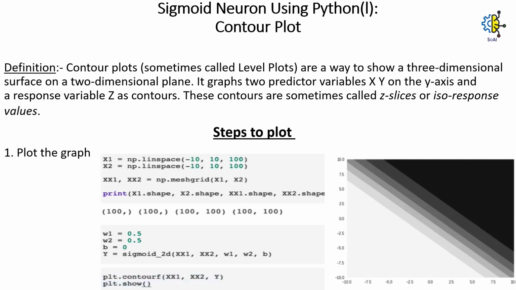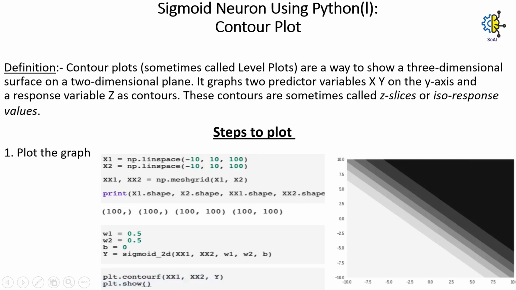After that, w1 is equal to 0.5, w2 is equal to 0.5, and b is equal to 0. And y is equal to sigmoid_2d function with parameters xx1, xx2, w1, w2, b. All parameters receive their values from the above statements. Here, plt.contourf xx1, xx2, y, and finally plt.show function which will finally plot this graph.